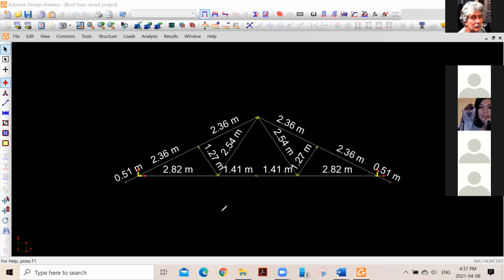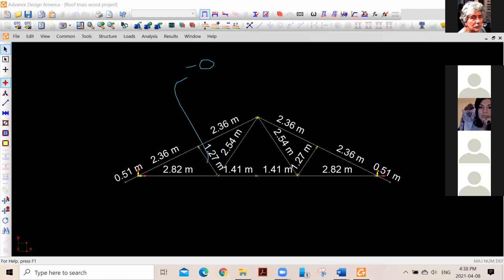Now, Rena, if you look at your ADA result, you have a negative value, okay? Do you understand? A negative value means that this little member here is in compression.